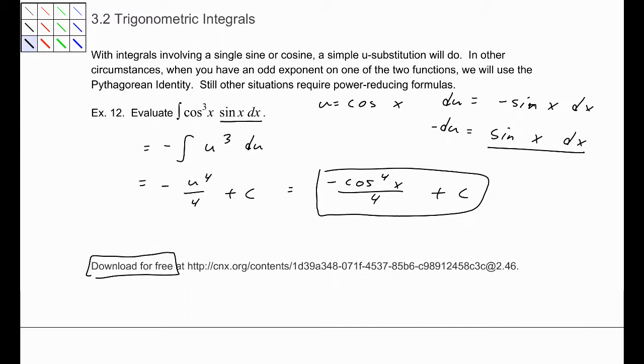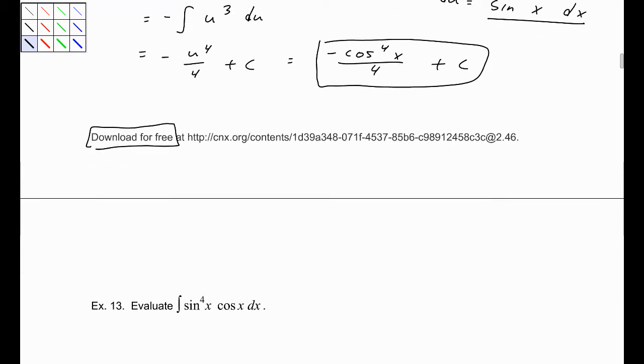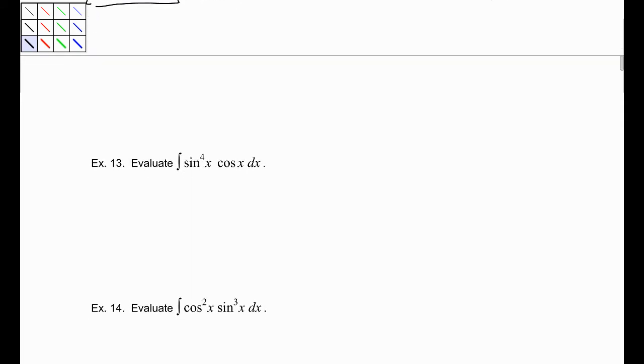So now let's go ahead and look at number 13. We have sine to the fourth x cosine x dx. It's set up differently, so we will use u equals sine x. That way du is just a single cosine x dx.